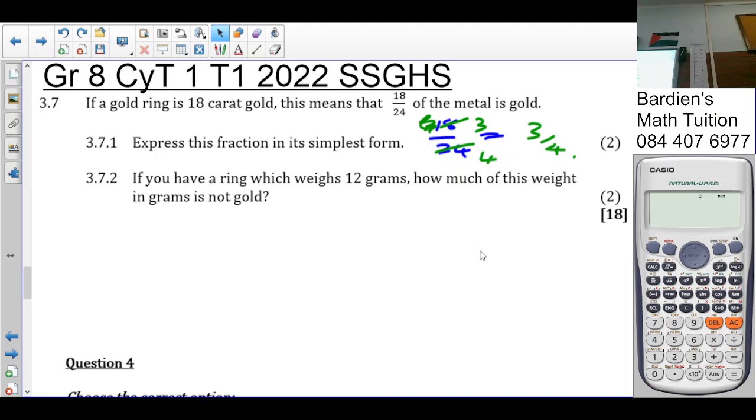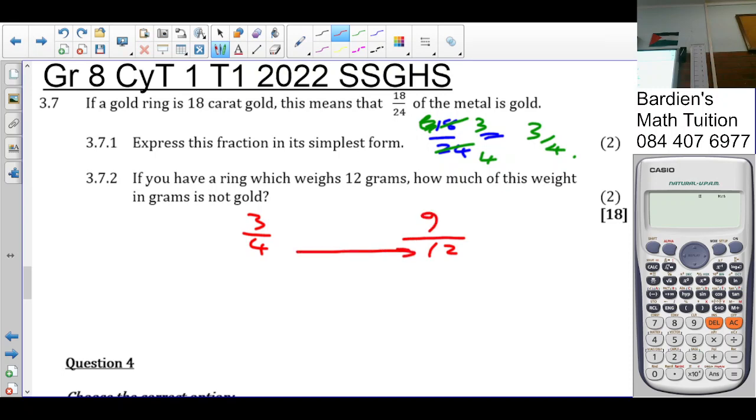The question says in 3.7.2, if we have a ring which weighs 12 grams, okay? So if you've got 3 over 4 and the ring is 12 grams, the total is 12. How do we get from 4 to 12? Times by 3. So that means 9 grams of this ring is gold.